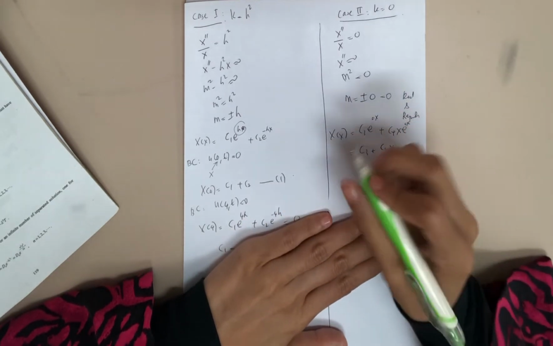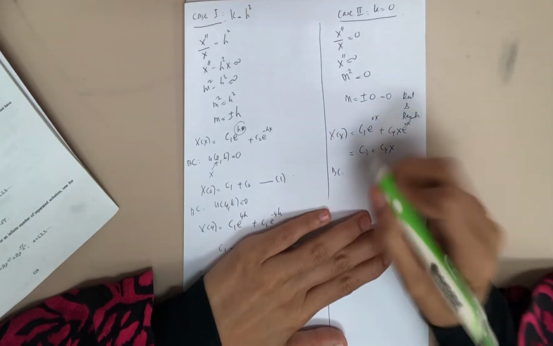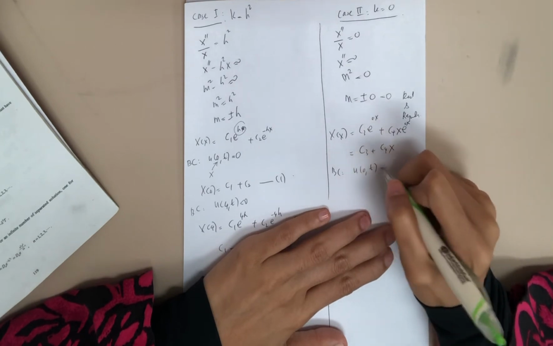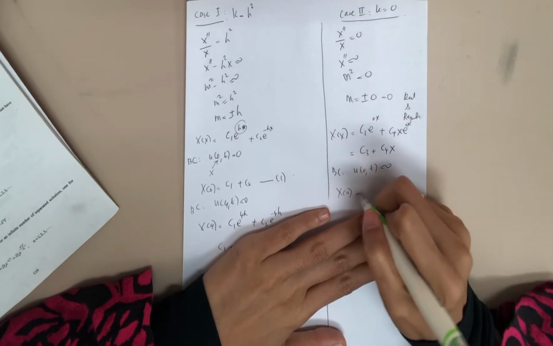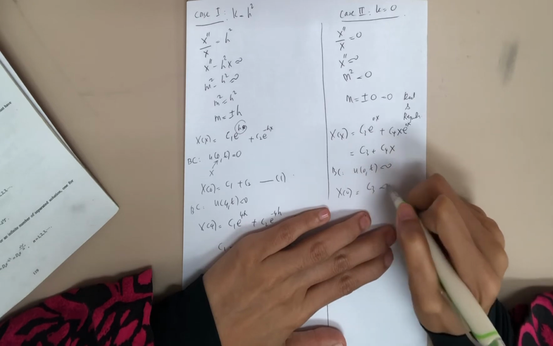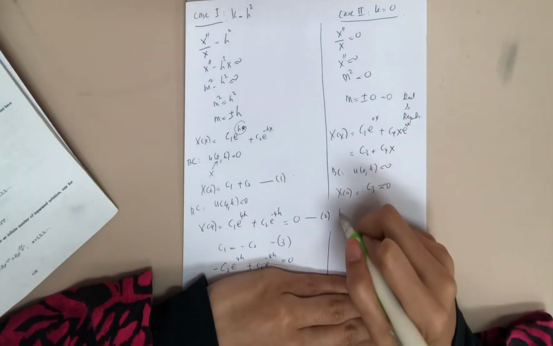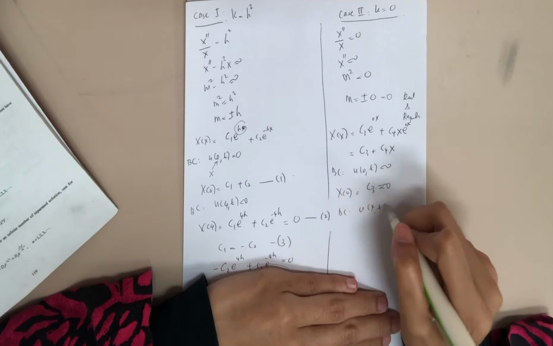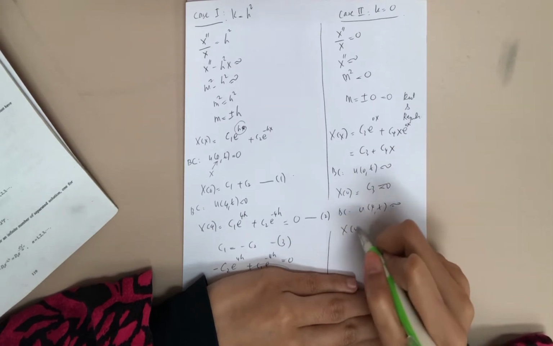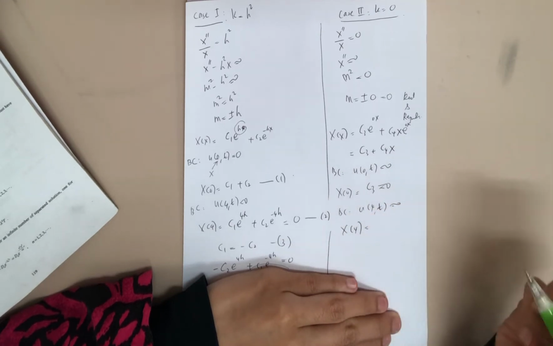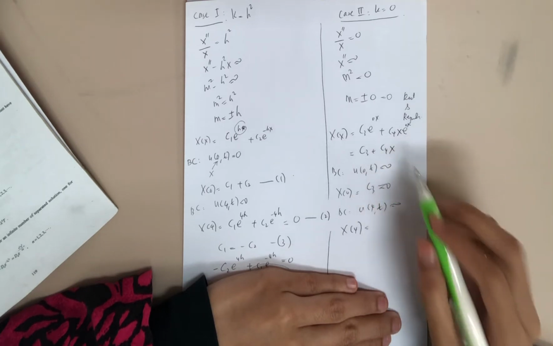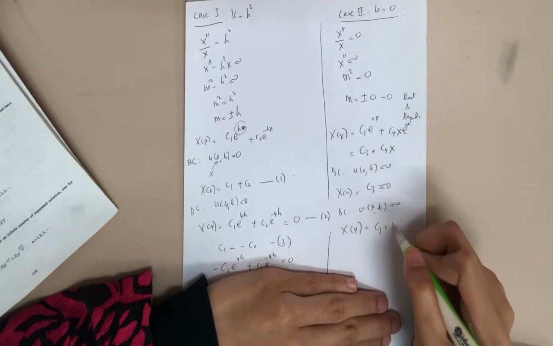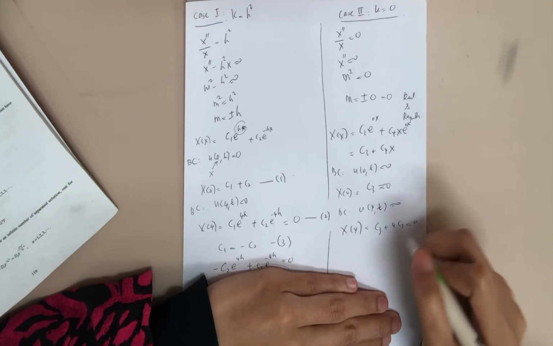Now we apply the same BC. The first one is u(0,t) equal to 0, so therefore X(0) equals C3 equals 0. The second BC is u(4,t) equal to 0, so therefore X(4) equals C3 plus 4C4 equals 0.